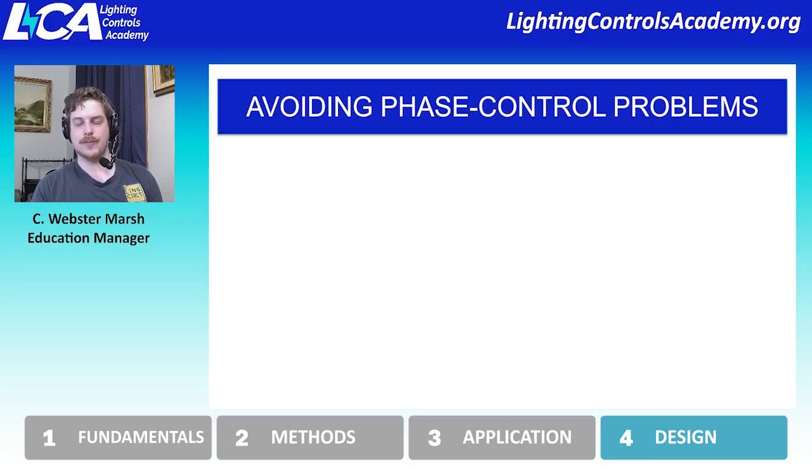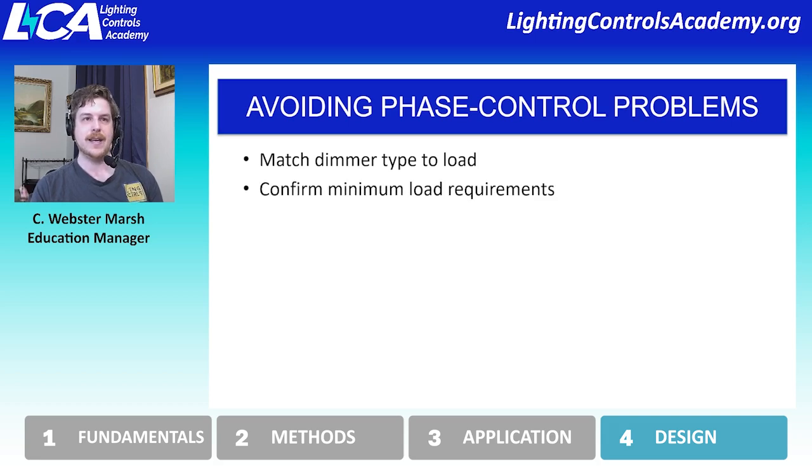Avoiding phase control problems is a little bit trickier and more nuanced. So matching the dimmer type to the load, forward phase, reverse phase, at least that is a good first step. But then we need to make sure that we're adhering to minimum load requirements, because if you only have a 12-watt light bulb being controlled by the dimmer, that might not be enough load for that dimmer to function optimally, and you might get some weird behavior that way.